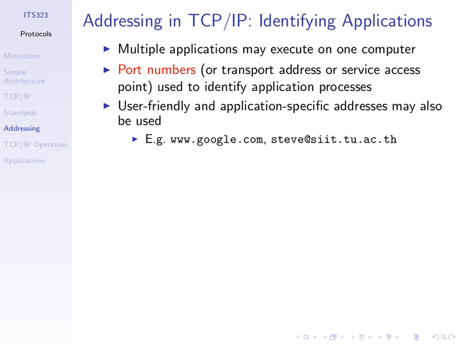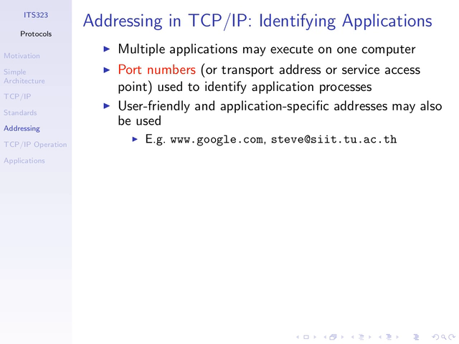Your computer may run multiple applications. Therefore, to identify which application we want to communicate with, the web browser, the email client, the instant messaging client, each application has a port number associated with it. So the port numbers identify applications on computers. So 3 different types of addresses.